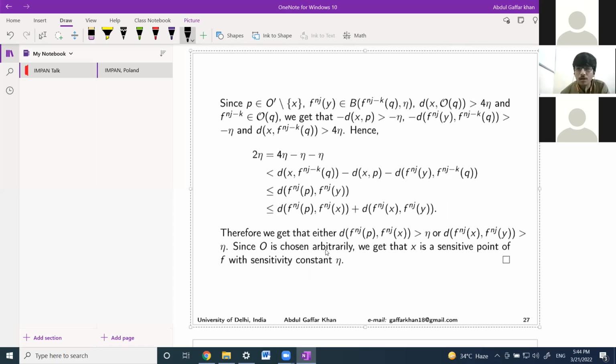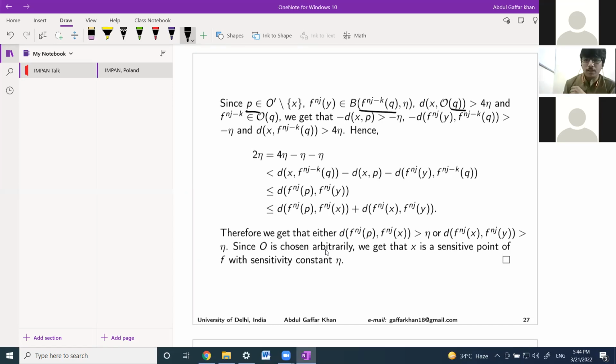Observing that P is in the deleted neighborhood of x, f^{nj}(y) is in this neighborhood, and the distance between x and the orbit, we can see that 2η can be written in this form, that is less than the distance between x and f^{nj−k}(q), because f^{nj}(y) is in the ball centered at f^{nj−k}(q) with radius η.